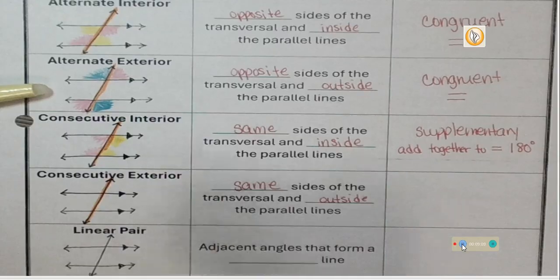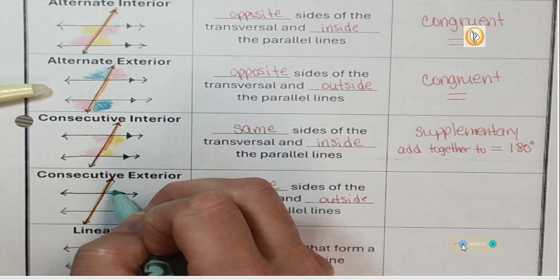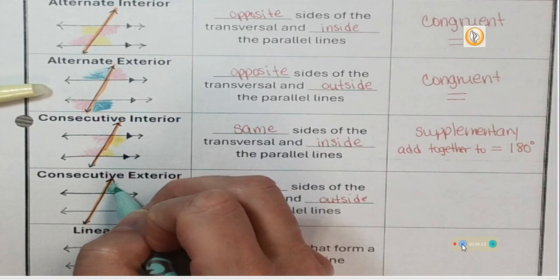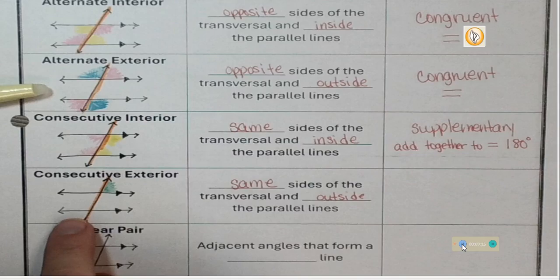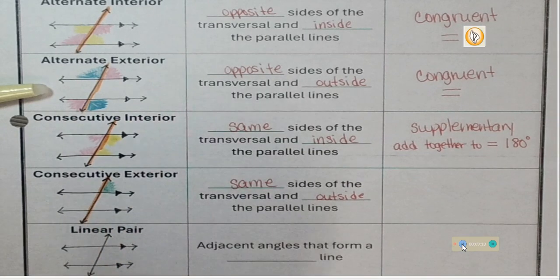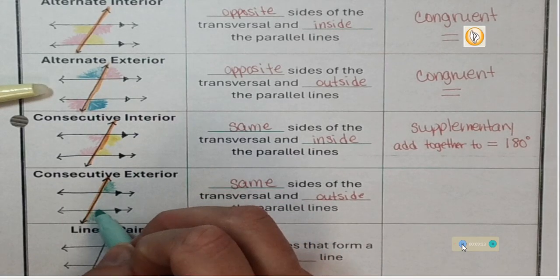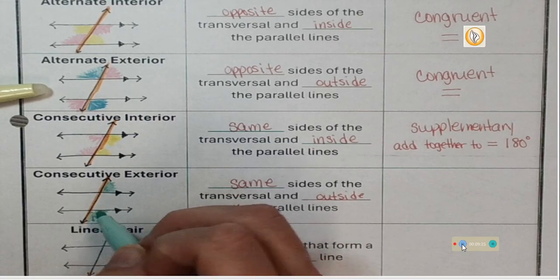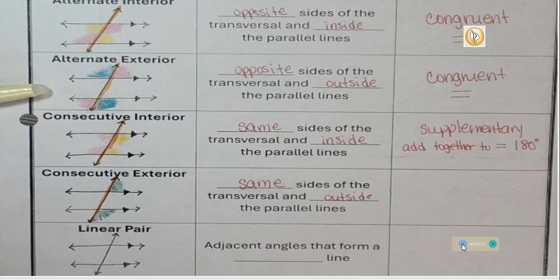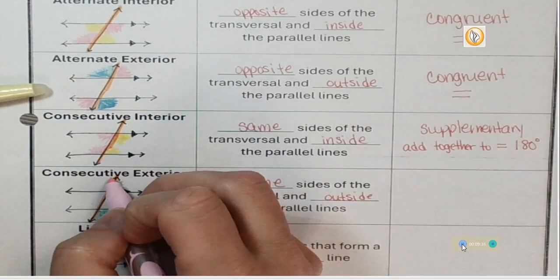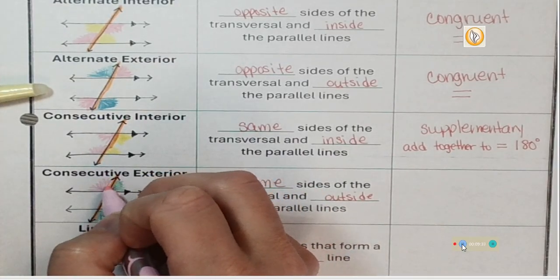Okay. So if I start with this exterior angle, my match or my pair is going to be one of these. Consecutive means if this is on the right side, I have to stay on the right side. So those two angles are consecutive exterior. I also have another set of exterior angles. This angle is exterior.